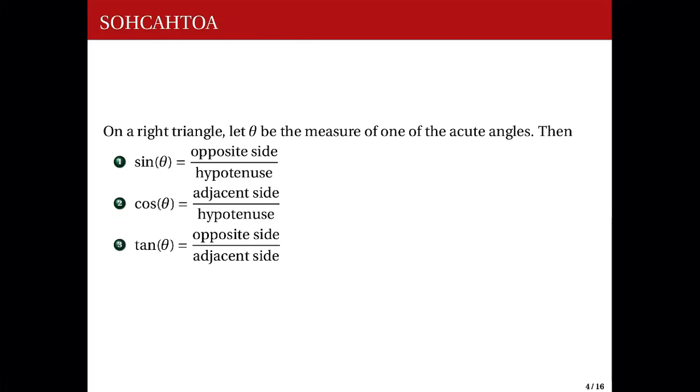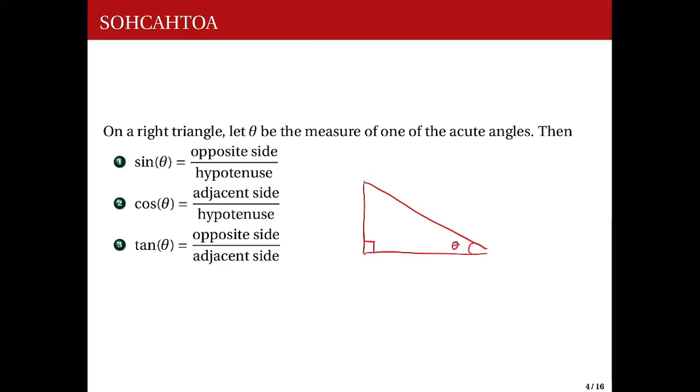We also need to recall this mnemonic, SOHCAHTOA. Given a right triangle, let theta be the measure of one of the acute angles. So for example, if we have this right triangle here, this will be theta.